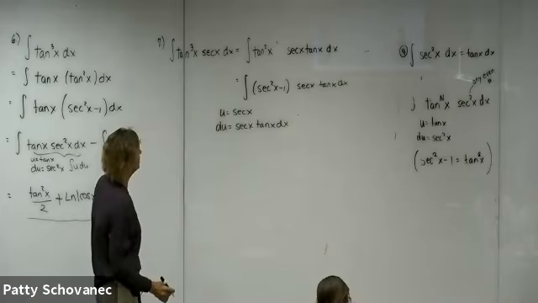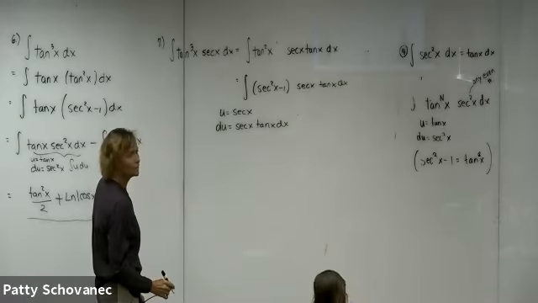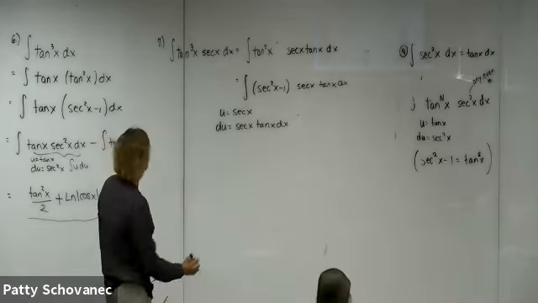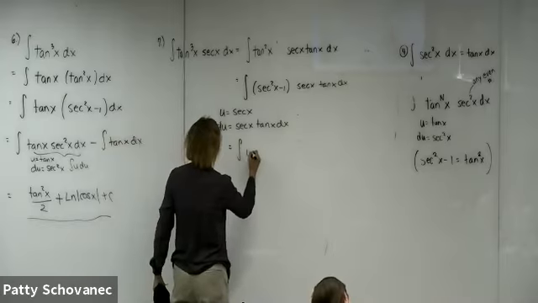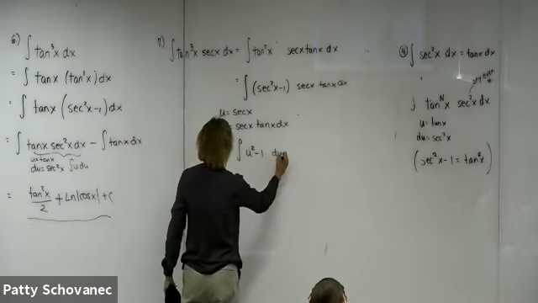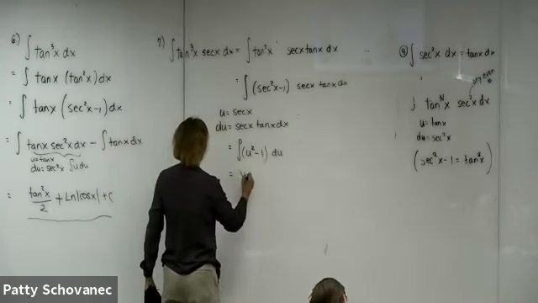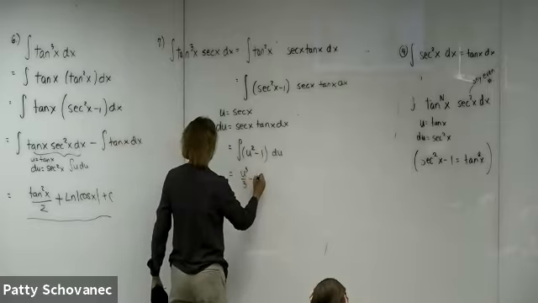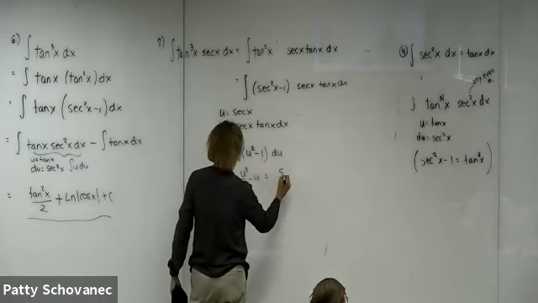So we're integrating u squared minus 1 du. Cubed over 3 minus u. Each u is a secant of x.